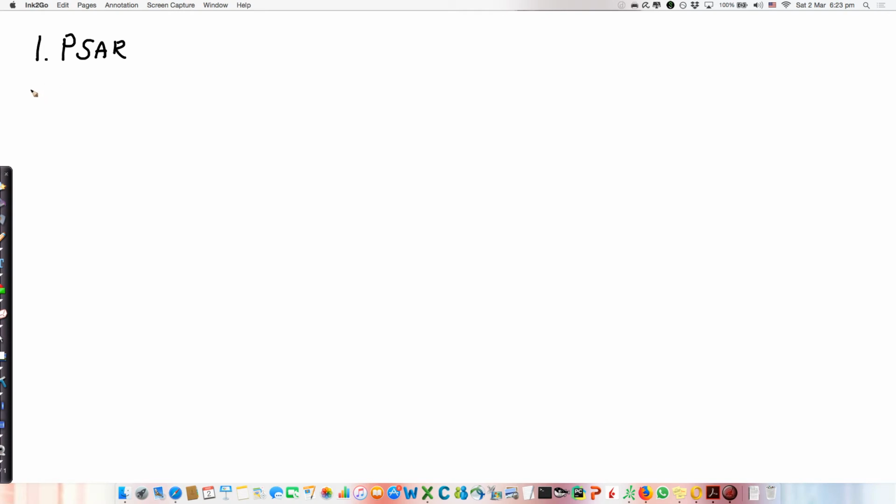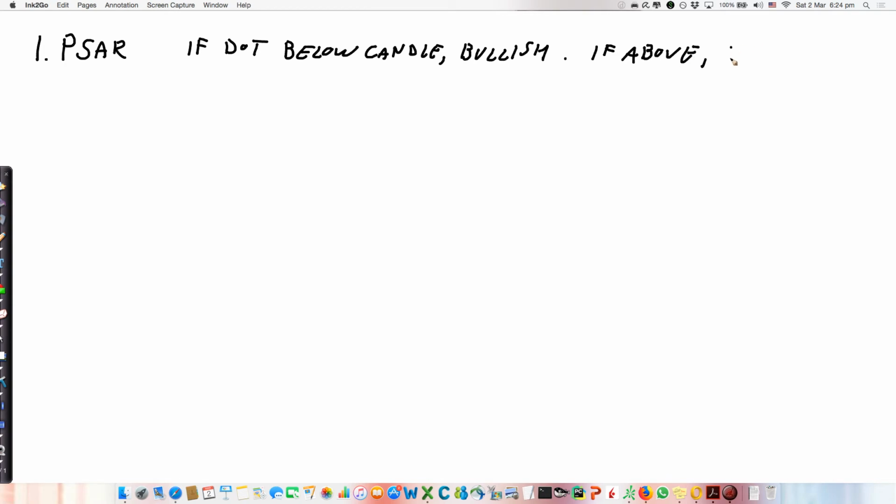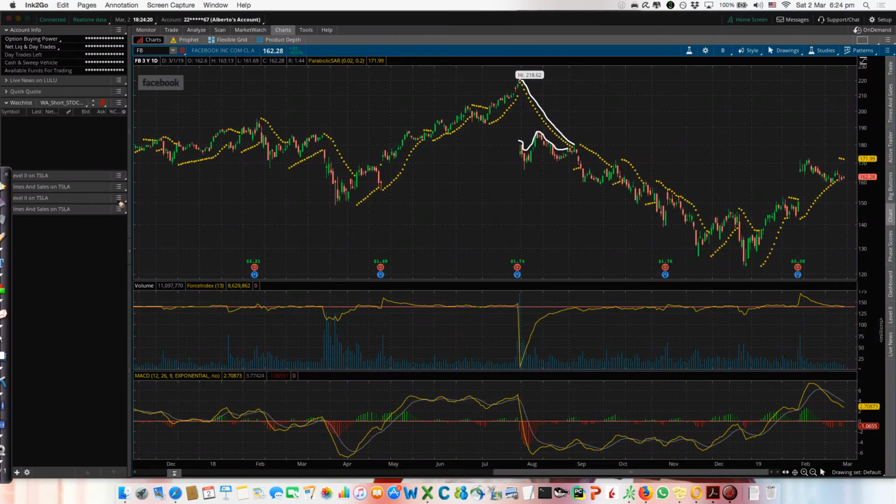What we have to do: if the dot is below the candle, then this is a bullish indication, okay? If it is above, then, as we said, that's a bearish indication. And that's all. You don't need to know more about the Parabolic Stop and Reversal.